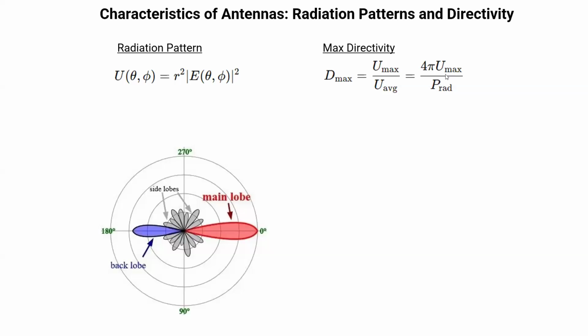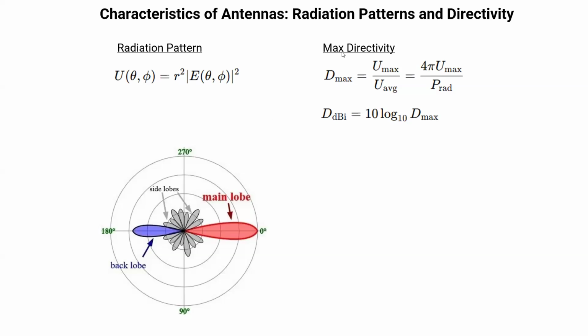Okay, so we take into account the fraction of the total radiation to all possible directions to the total radiated power, and we multiply this function by 4 pi to normalize the directivity. So the directivity of an isotropic source, an isotropic antenna, which is an antenna that radiates isotropically in all directions, right?